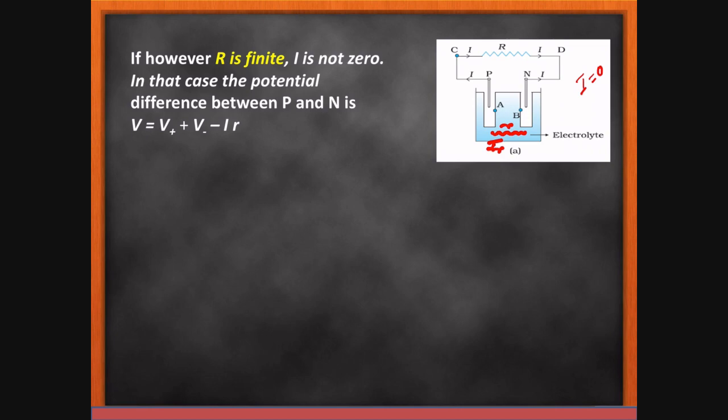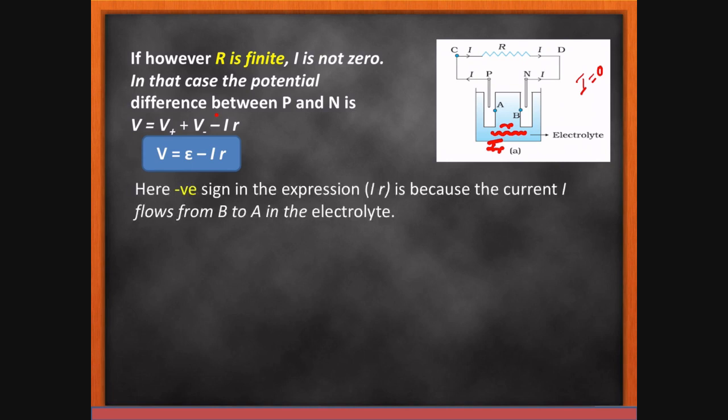We take a minus sign here because the minus sign indicates that inside the electrolyte the current is passing from N to P, but outside it is passing from P to N. So that's why V is equal to E minus Ir. This is the relation between potential difference, EMF, current, and internal resistance of the cell. As I told you earlier, the negative sign indicates the current is flowing from B to A.